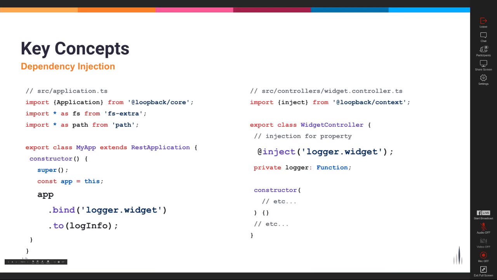We're binding this logger widget, which is really just not shown here. Log info is a function. So this is now part of the context. Now we go over to the widget controller and we say inside of our class we want that logger widget, so we're going to inject it into this property here.